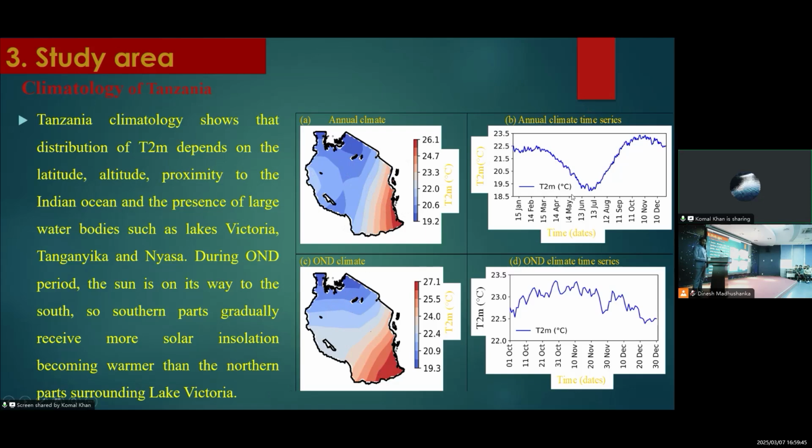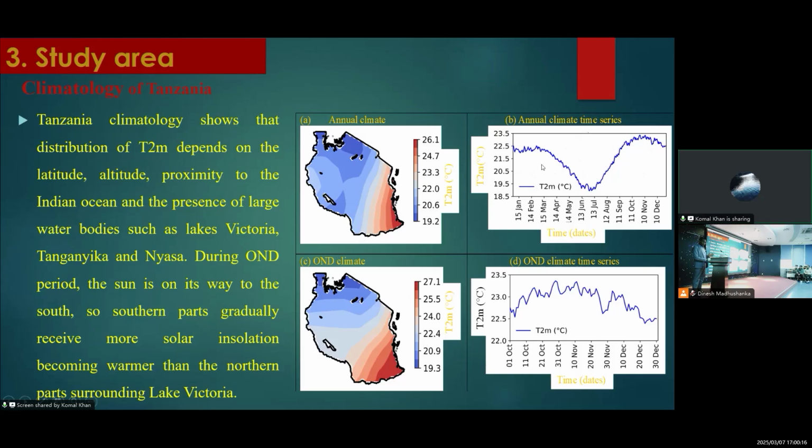And this is the climatological time series for temperature. As you can see, this incorporates the annual cycle, and the annual cycle indicates that the coolest months of the country are June and July, while we have the highest temperatures in October, November, and December, making this period proper for studying temperature.